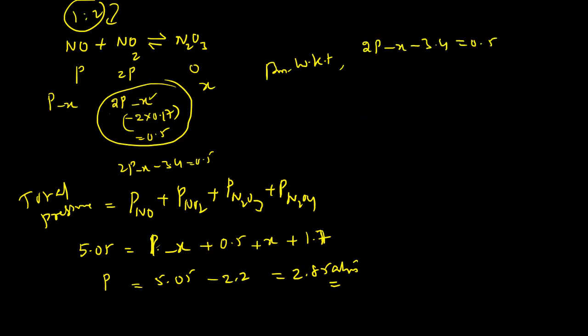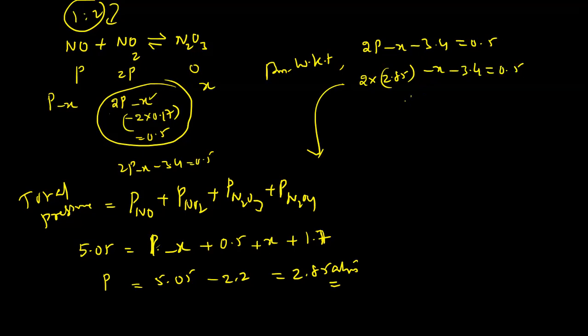So already we have calculated that information: 2 into total pressure, which is 2.85, minus X minus 3.4 is equal to 0.5.